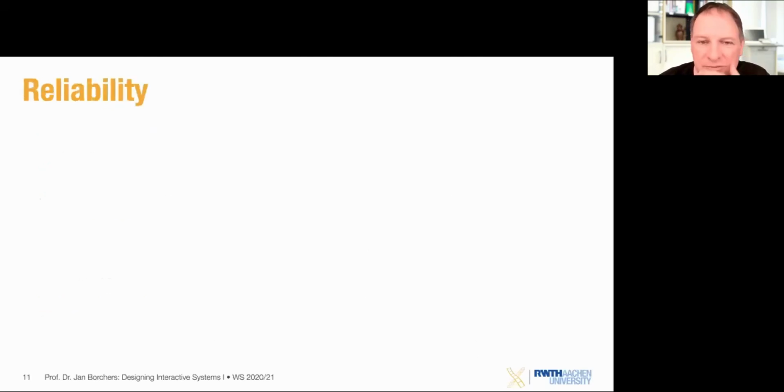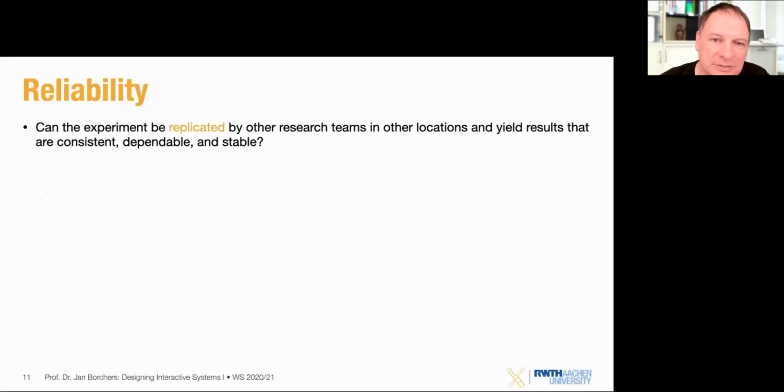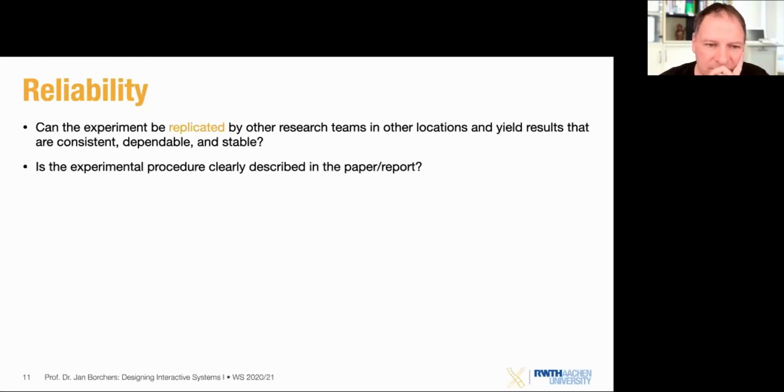All right, and then we've got reliability finally. That basically means the way that I set this up, can this be replicated by others and yield the same kind of results? Not exactly the same, of course, but are they going to be consistent and stable enough and dependable enough? So what this requires is, for example, that you are very clear about what you did.